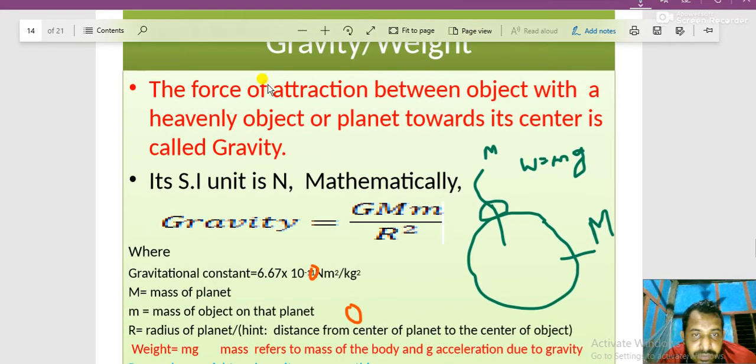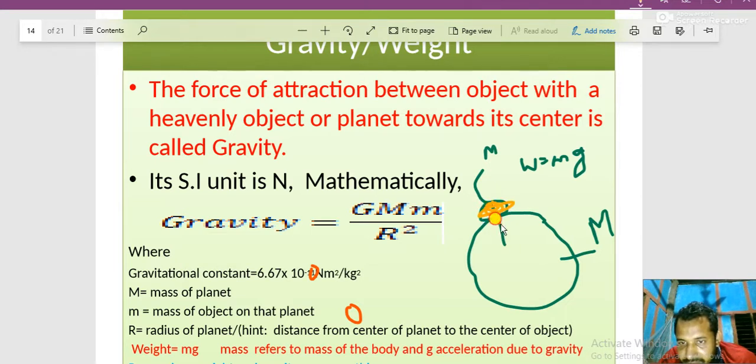So what you can write: the force of attraction between an object and a heavenly object or planet towards its center is called gravity. The force of attraction between a small object and the planet towards its center is called gravity, and its unit is Newton. Mathematically, you can find gravity equals G. Now the bigger mass is capital M and the small mass is small m. We are going to find the force of attraction between this one mass and the bigger one.